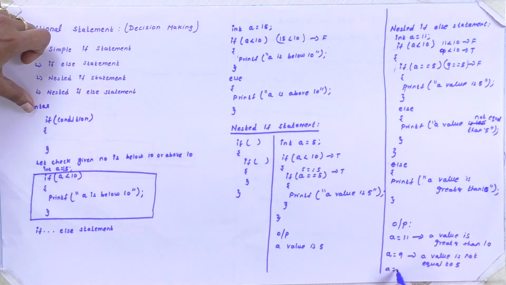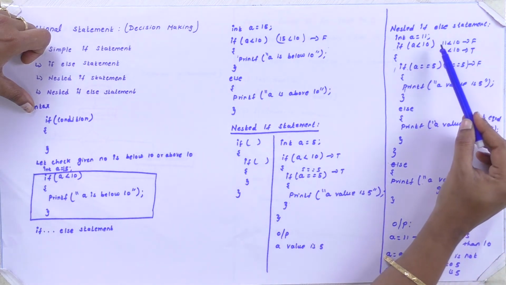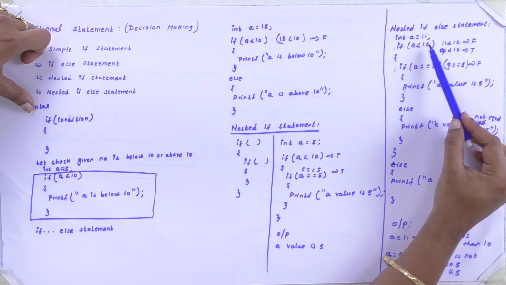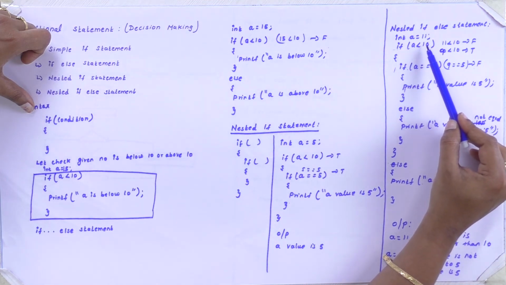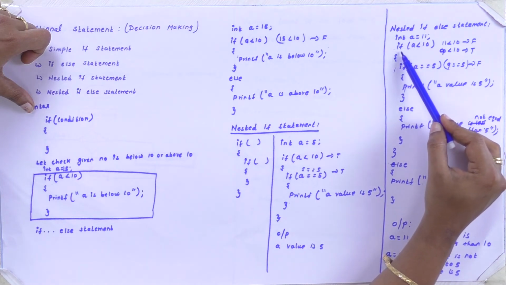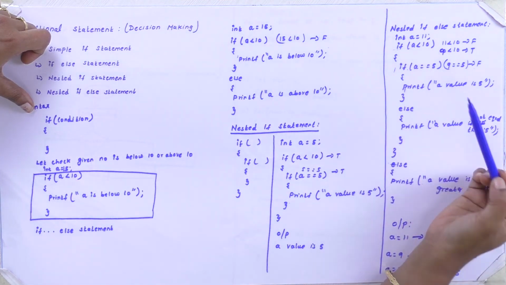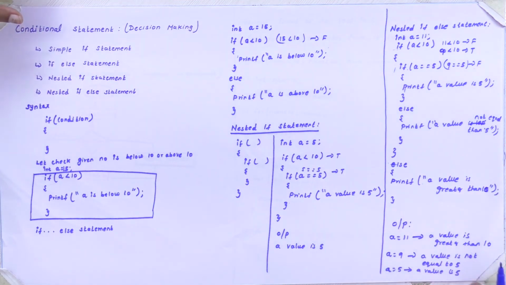When a value is 5, the output will be a value is 5. So here, based on the condition evaluated in this if condition, the flow of execution of the statement will vary according to this result. So this is the nested if-else statement.